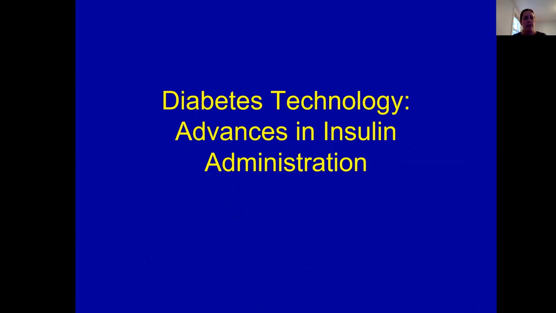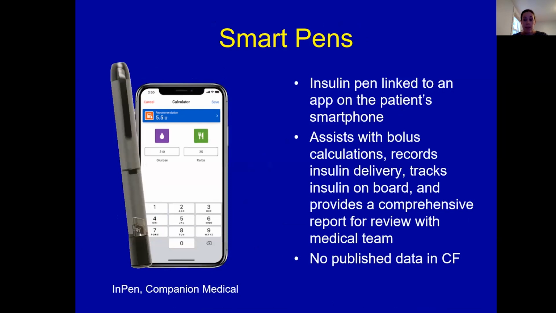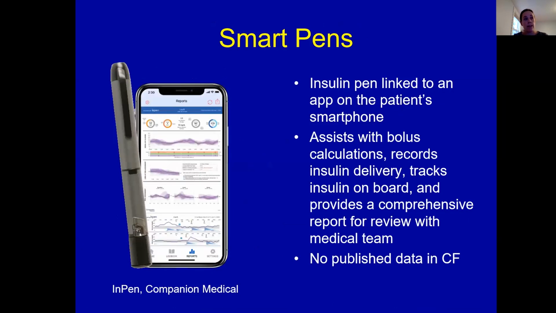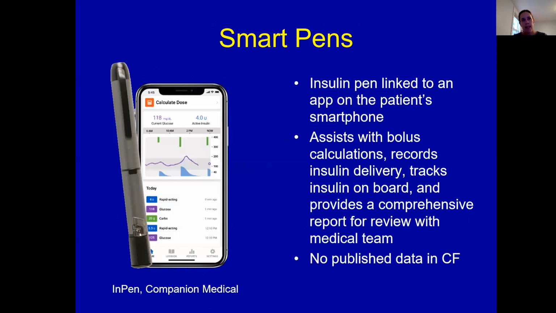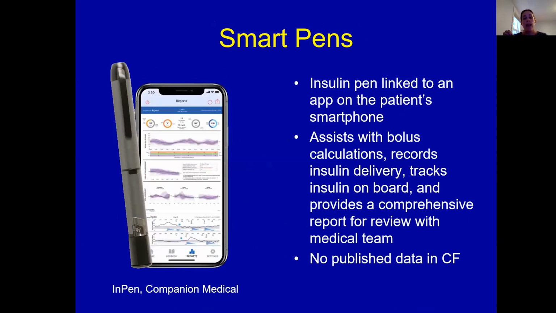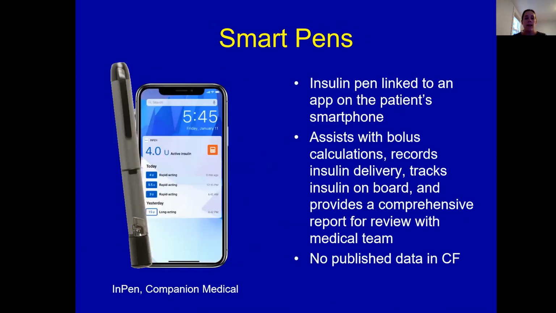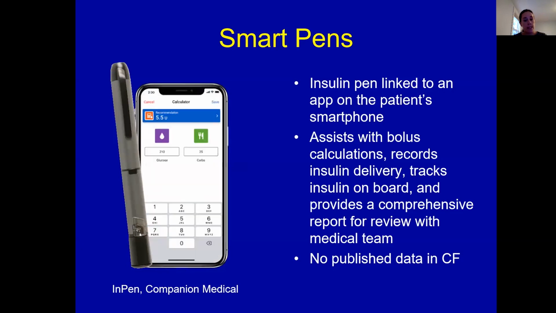So I'd like to move on now to talk about advances in insulin administration. So this is an example of a smart pen. There's only one smart pen that's currently available called the InPen. And the pen is linked to an app on the patient's smartphone. And the app will assist with bolus calculations. It will record all the boluses that the patient delivers using the pen.